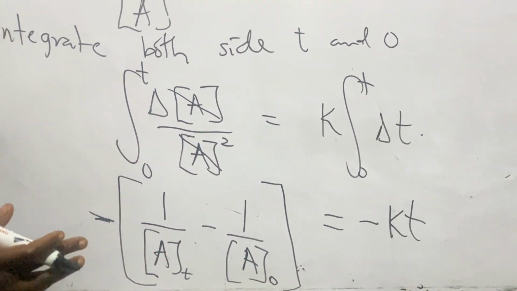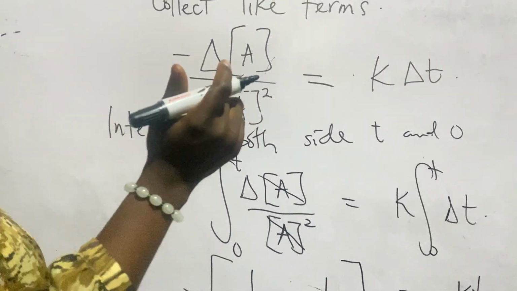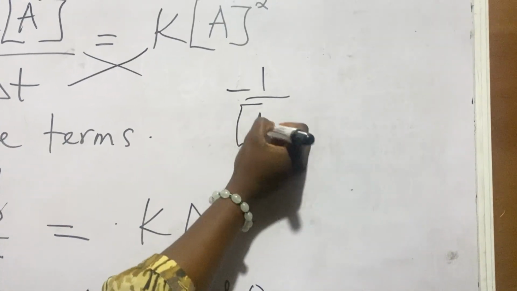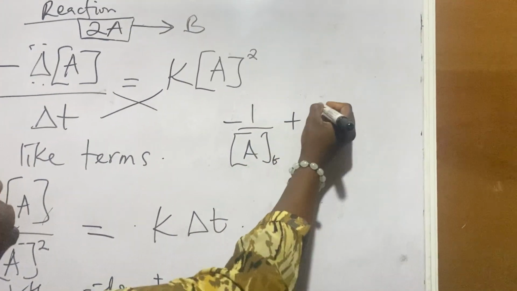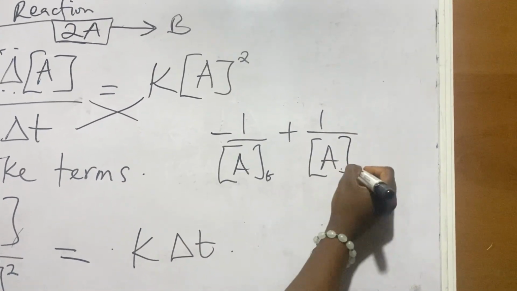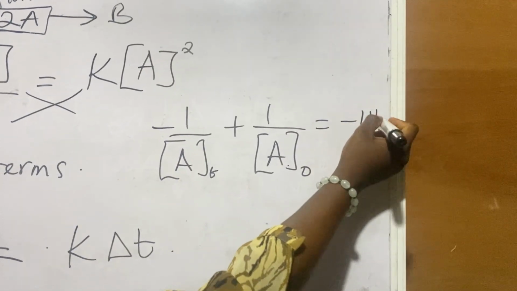So in opening the bracket, it becomes minus 1 over the concentration of A at t plus 1 over the concentration of A at time 0 equals minus Kt.